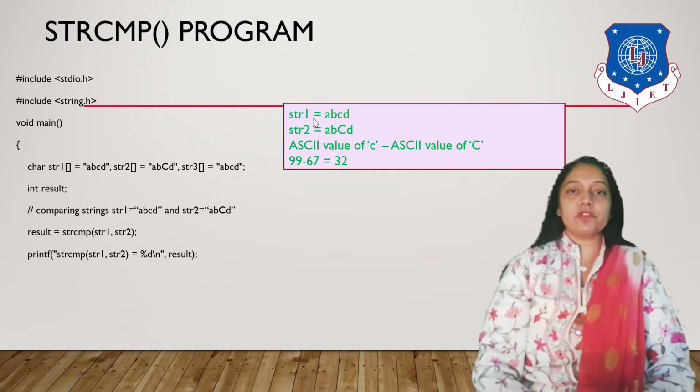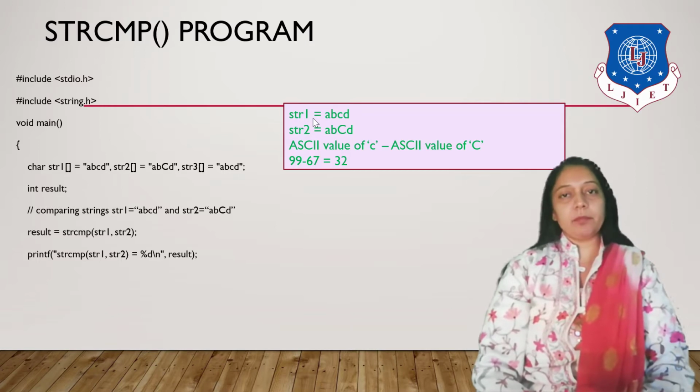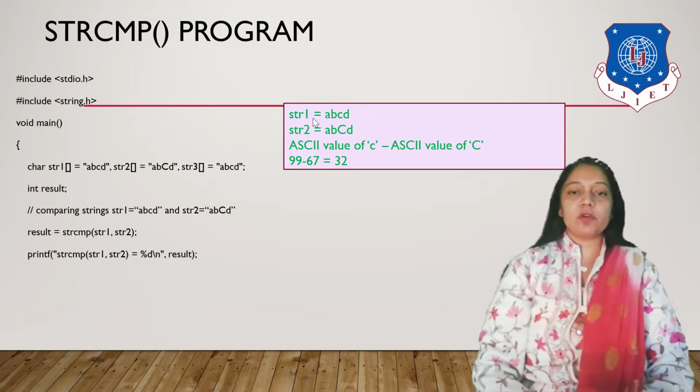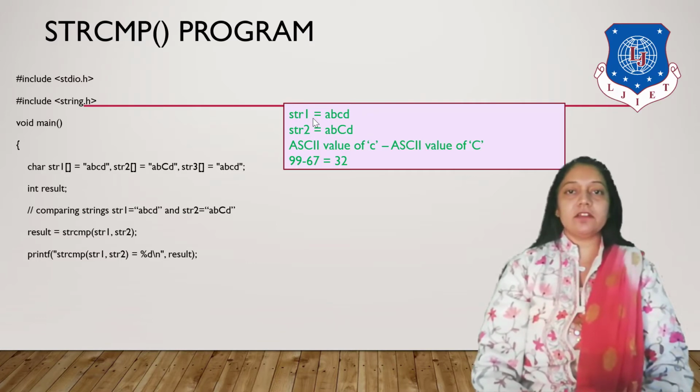So the ASCII value of small c minus the ASCII value of capital C. What is the ASCII value of small c? 99. And of capital C it is 67. So subtract that and the value we get is 32. That is a positive value. So when I display the value of the variable result, I'll get 32.